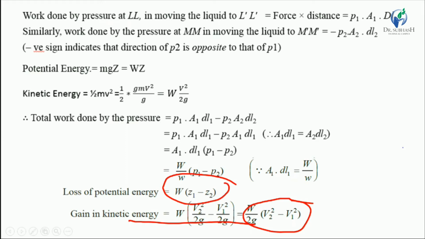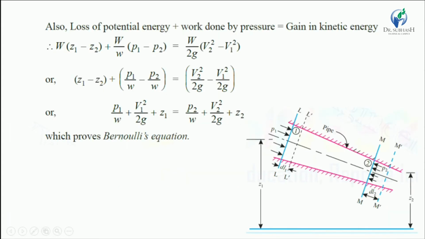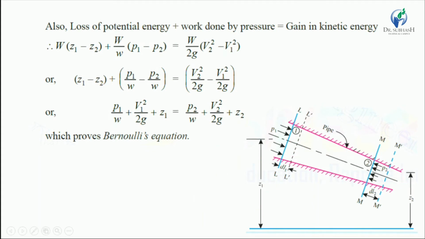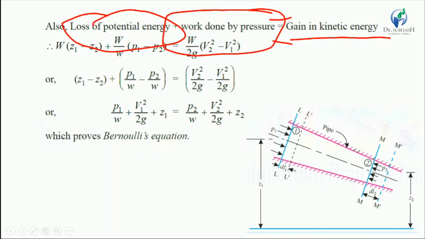This is the equation of loss of potential energy, and this is the equation of total work done by pressure. Okay, now according to flow, the potential energy is decreased, pressure energy is decreased, and due to that the kinetic energy is gained. So we can write that the gain in kinetic energy is equal to loss of potential energy plus work done by pressure.